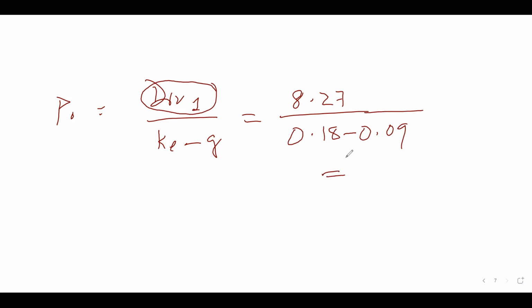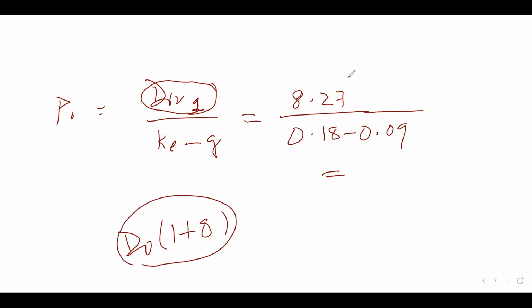Shouldn't 8.27 be multiplied with 1 plus growth rate? Why? If it is D0, then you multiply with 1 plus g. That's why I repeated that this is D1. Already you have included the growth rate and calculated this. Oh, okay. Yes.